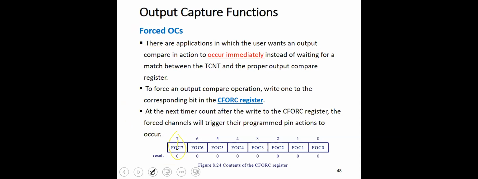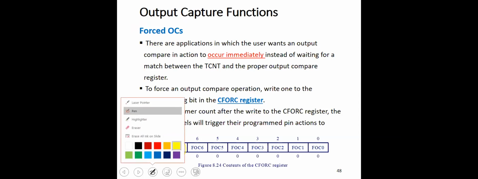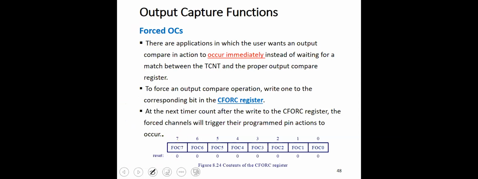So for example, as I said, if you are using channel number 7 such that when there is a match between TC7 and the timer, you want to output 1 on pin PT7. So you configured the system to operate like this.